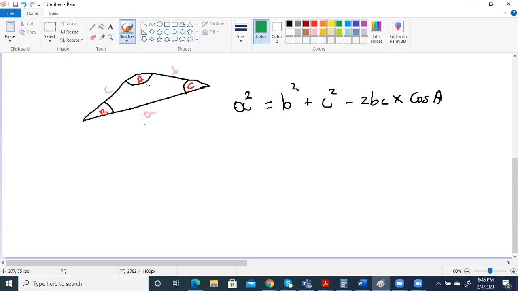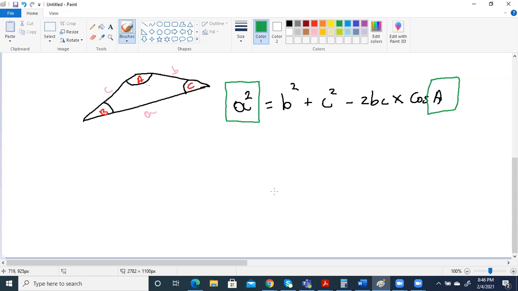So if you've labeled this a, then the angle opposite it is the angle A. That matters because in the cosine rule, whatever you have on the outside here that you're solving for, the angle is what you have at the end here. Everybody seeing that? Yes, no?